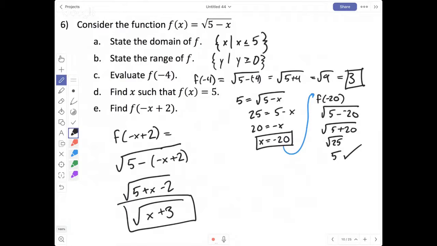Cool. This was E, this was D, that was C, A, and B. If there are no questions on number 6, I will move on.